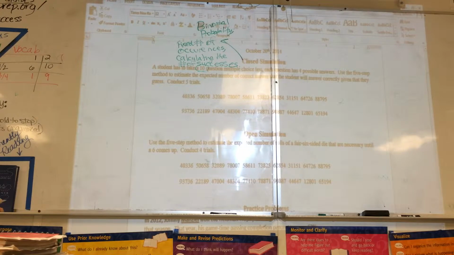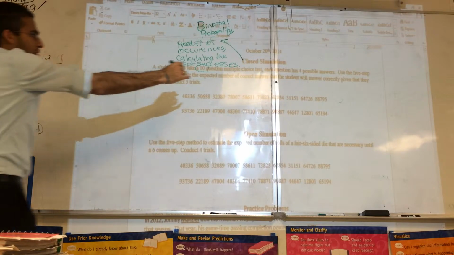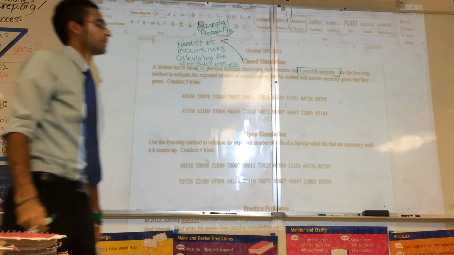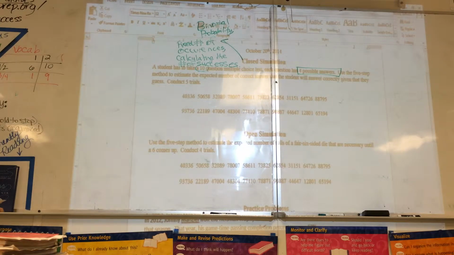And the way we carry this out, I'll model these steps. If we know that there are 4 possible answers, and I'm just guessing, the probability I get the question right is how much? More than 3 people should know this.